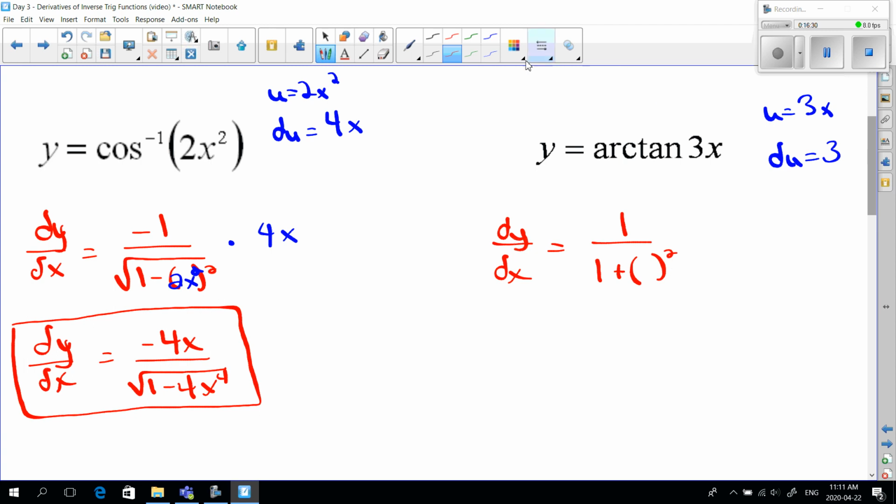Well, my u value is 3x, and then I multiply by the derivative of u, which is 3. Multiplying the tops, 1 times 3 is 3. 1 plus 3x times 3x would be 9x squared. That is my final answer.